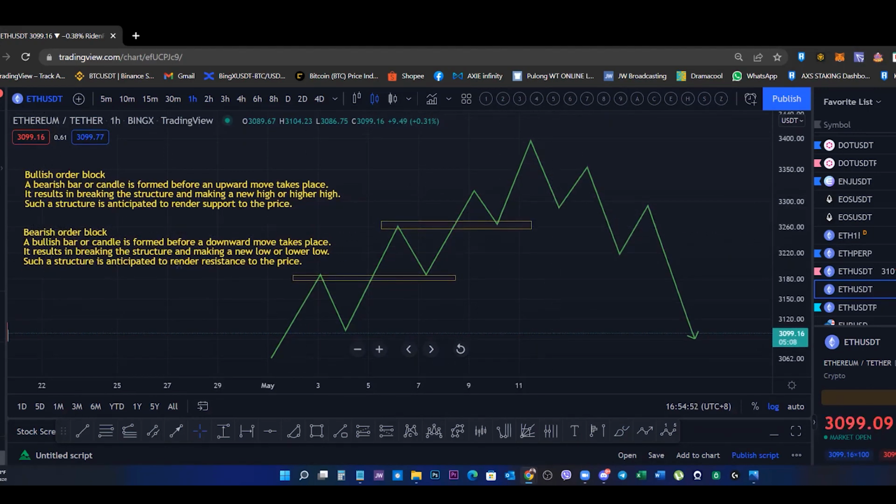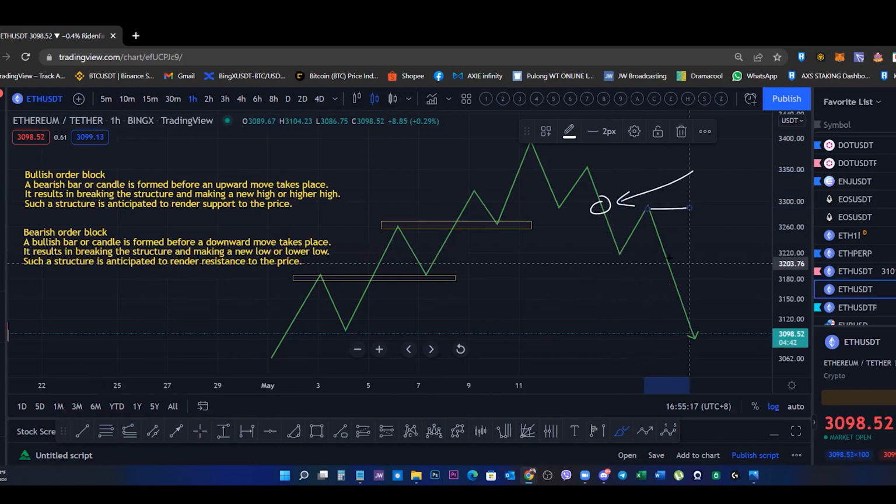In a bearish scenario, you can see on this side, for example, there will be a candle here. A bearish order block is a candle formed before a downtrend move takes place, and it results in breaking the structure and making a new low.